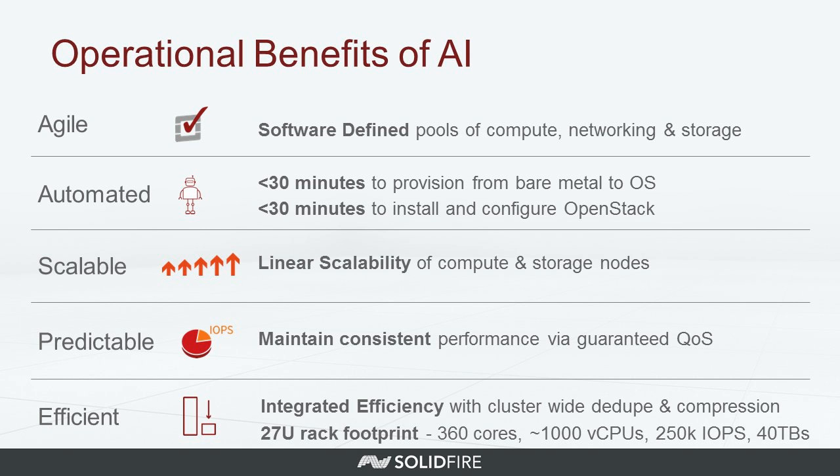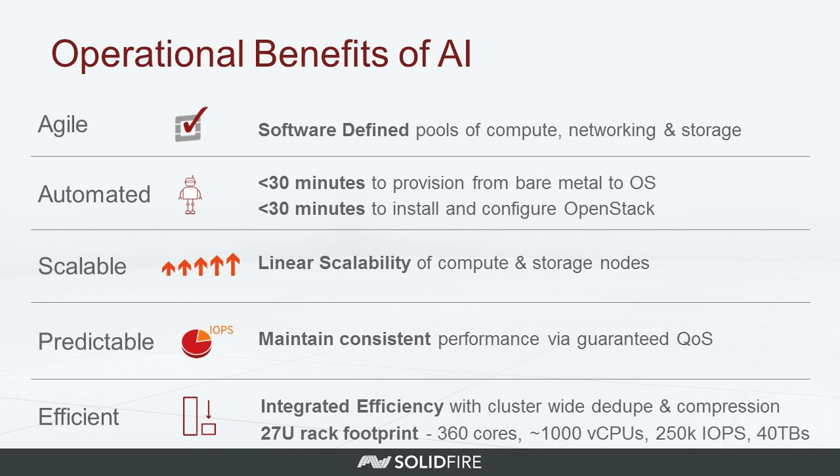So the idea here is we wanted to be able to go from 0, a stack of racked hardware, to a fully functioning, out-of-the-box Red Hat OpenStack implementation in less than an hour. And to that end, we've provided all of the scripts that we used. We've provided all of the deployment. We've provided all of the bare metal provisioning templates that are needed for that. And all of that is located in the reference architecture.